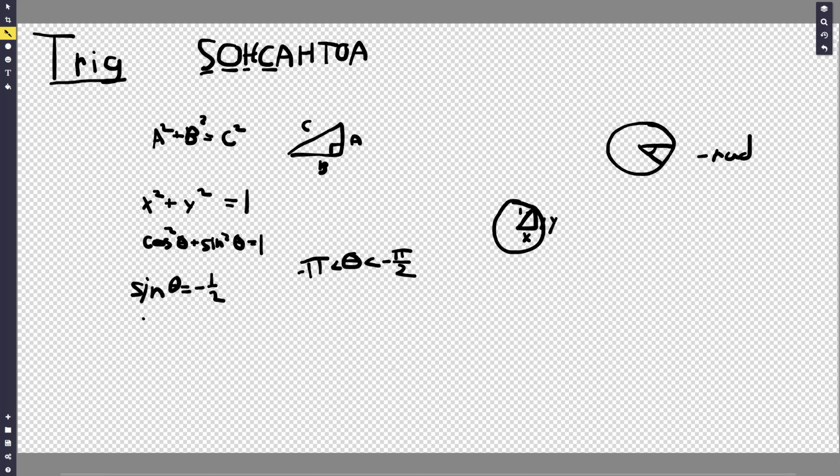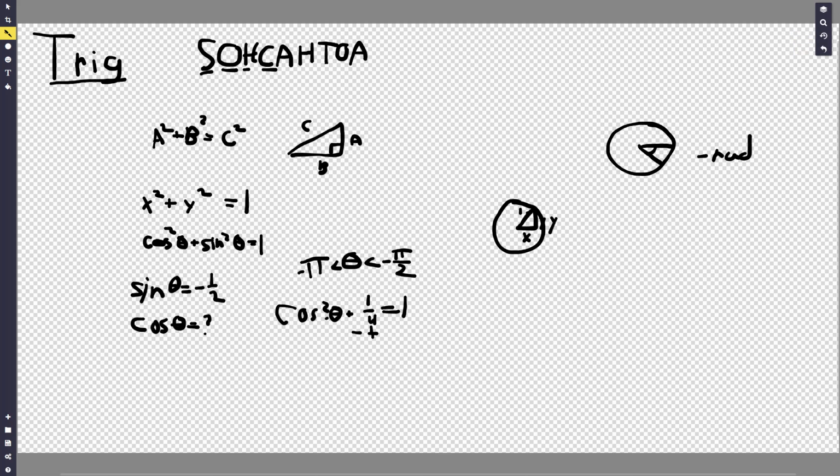So how can we figure out what our cosine is? Using our Pythagorean identity, cosine squared of theta plus sine squared, which is negative 1/2 squared, which is equal to positive 1/4, is equal to 1.